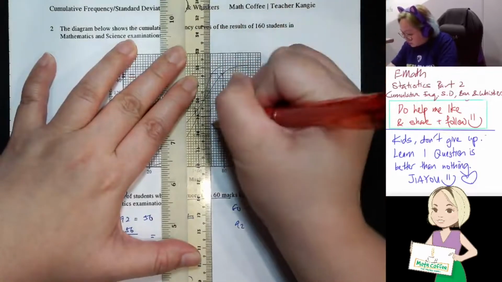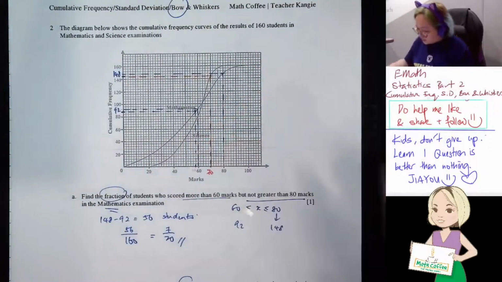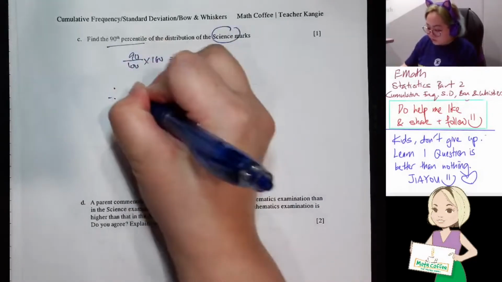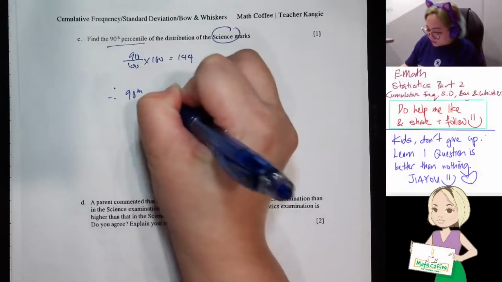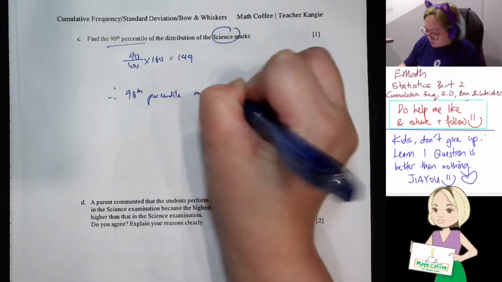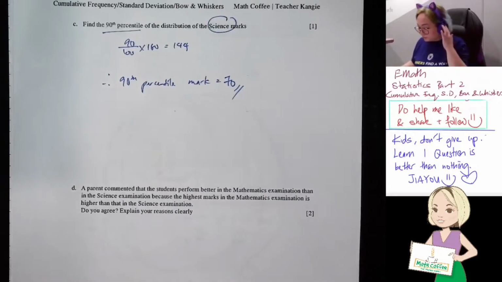So draw the dotted line down. Here, just nice, 70. So it means that, therefore, the 90th percentile mark equals to 70. That's it. Okay?